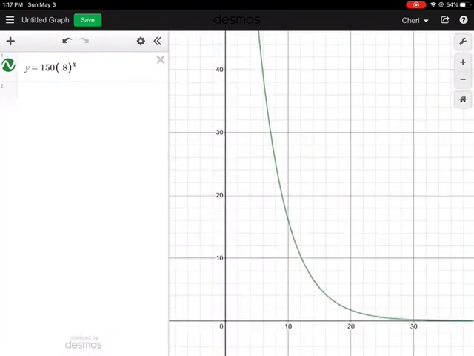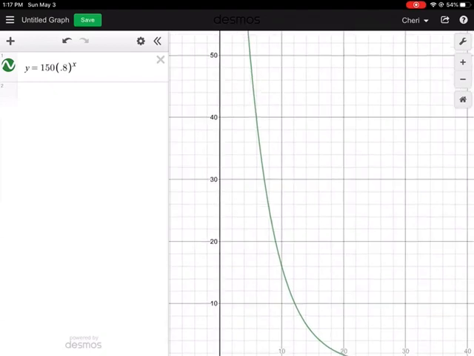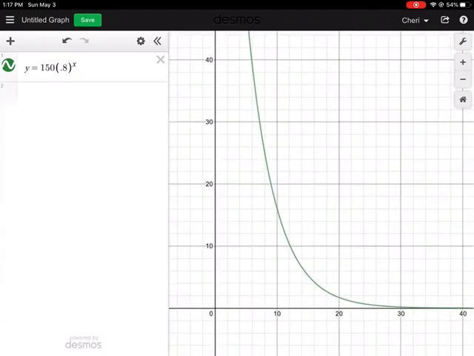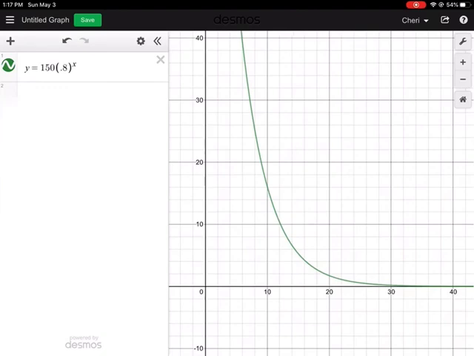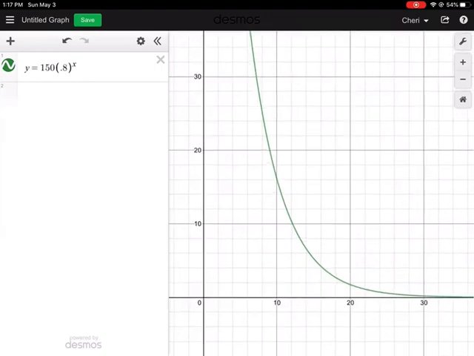So about 30 would be probably around 7 years, because the y-axis is how many are there, and the x-axis is the number of years. So that was 2003, that is 17 years.